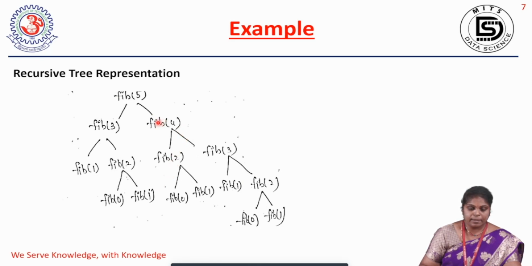If you look here, Fibonacci 3 is repeating again here. If you see Fibonacci 1, Fibonacci 1, Fibonacci 1, more than one time all the subproblems are repeated here. So every time, instead of redoing or resolving those subproblems, once the optimal solution is found for the subproblems, those solutions are stored inside the memory for further use.